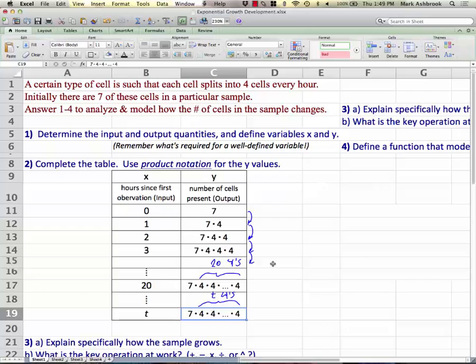Okay, but that's not my question. My question is, how is the sample growing? How is that quantity increasing? What's that? It quadruples every hour, which mathematically is what? Yeah, every hour the sample gets multiplied by 4. And so then, if we wanted to write this in exponential notation, after 20 hours, it would be 7 times 4.